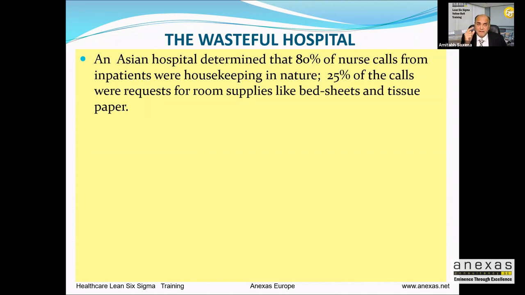But in lean, we call it waste of the nurse's intelligence. Why? Because a nurse is there to do something else, not looking after the pillow covers and the bed sheets. If you engage her in those activities, she will forget to give the medicine or give the wrong medicine. Then medical errors will happen. So we call this a waste of human mind or intelligence.